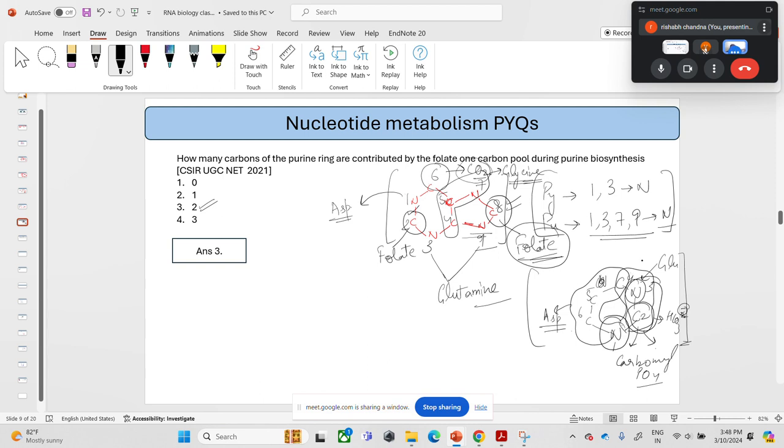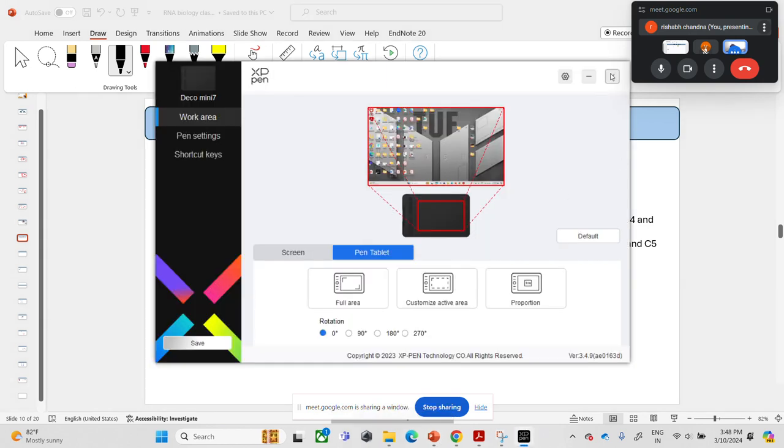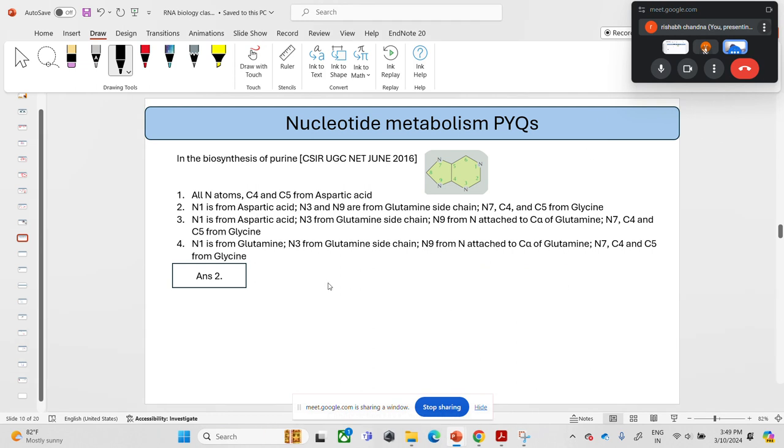Yes, sir. So let's move on to the next question. This is the same question as the explanation I just gave on the last slide. In the biosynthesis of purine, a purine diagram is given, and you have to select the correct option. One option: all N atoms, C4 and C5 from aspartic acid.